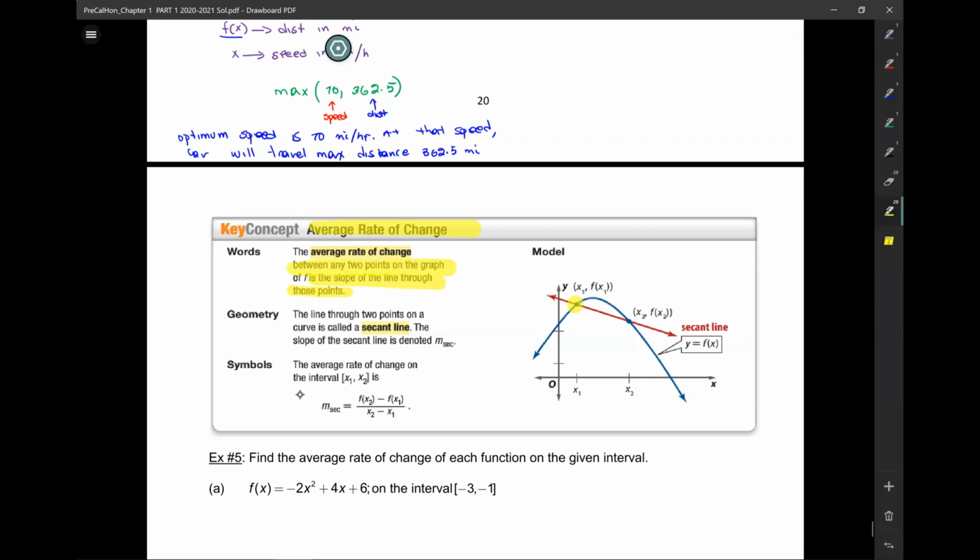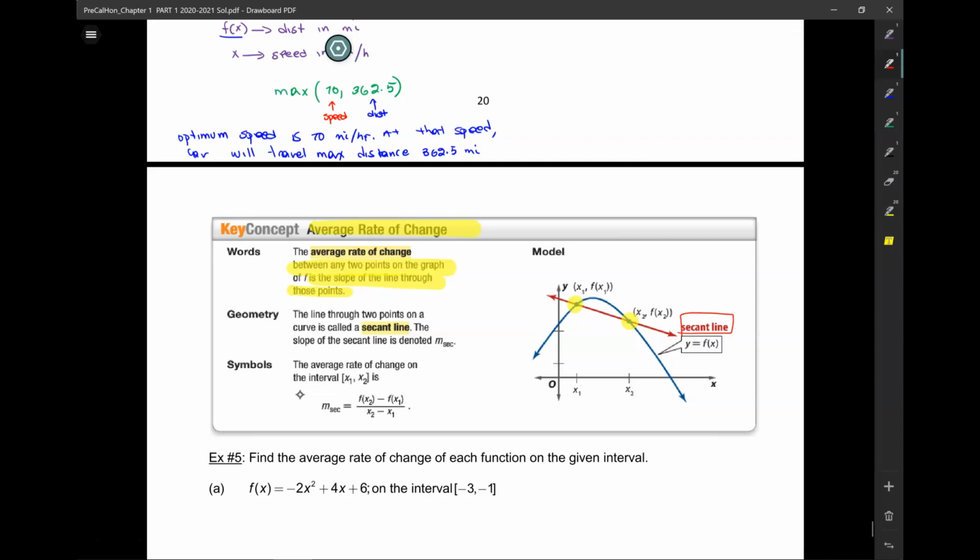And then when you checked on them again 10 seconds later, now their position is, I don't know, 40 meters away. So what is their average rate of change? To find it, you draw a line between those 2 points. That line is called a secant line.